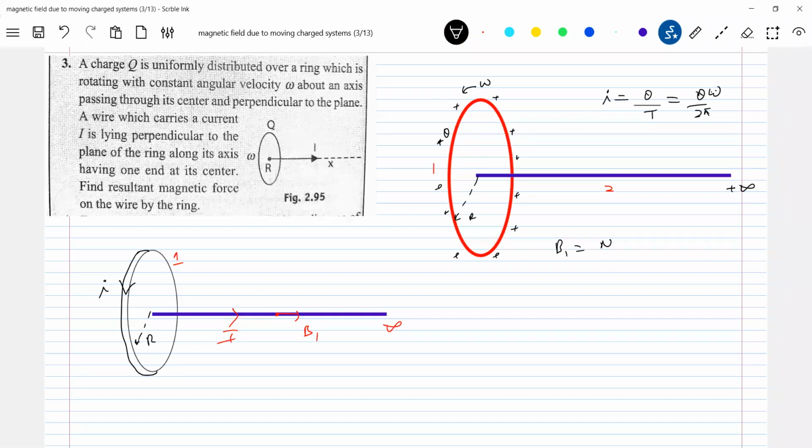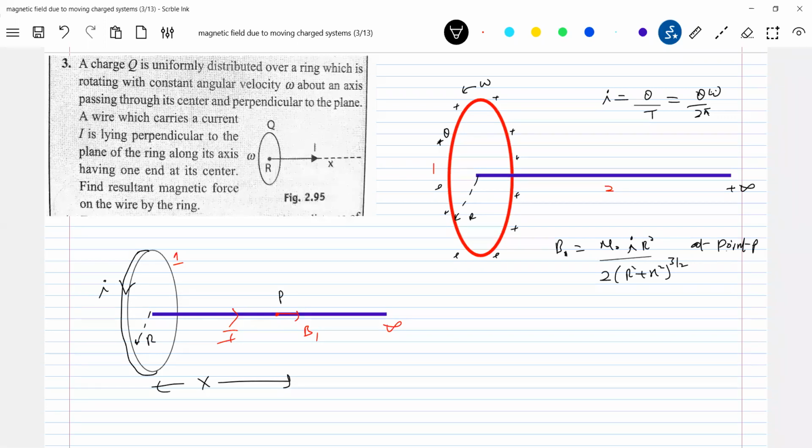B1 is equal to mu naught I r square by 2 into r square plus x square to the power of 3 by 2, at a distance x at point P. And what is I? We are going to substitute here. Small I, capital I, be careful. Small I is due to the rotating charged ring.